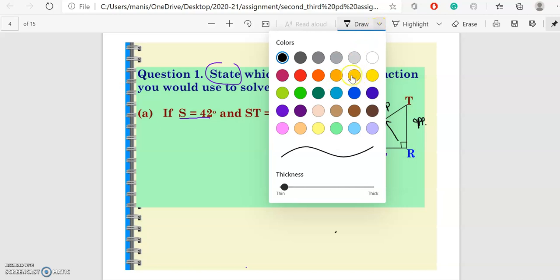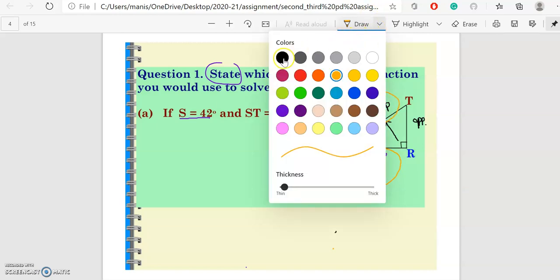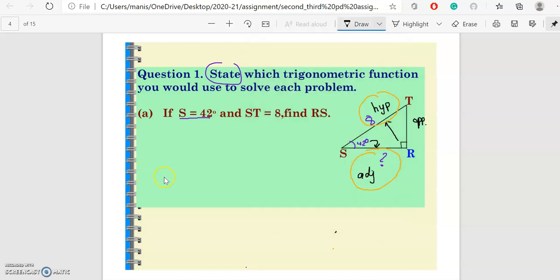The question is asking us which trigonometric function we will use to solve this problem. Now look over here, we only have to worry about one unknown quantity. This is the unknown quantity, we don't know this, and one is the known quantity, they gave you this. Between these two we will be forming a ratio. Now tell me, this is a mnemonic, SOH CAH TOA.